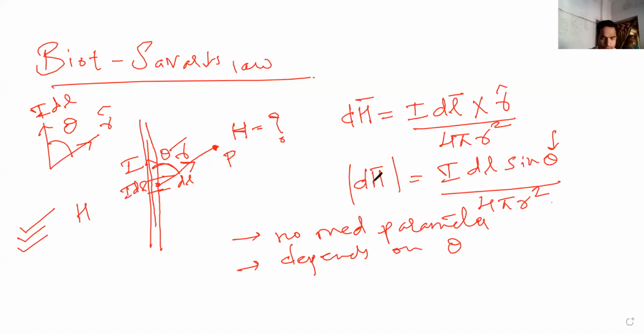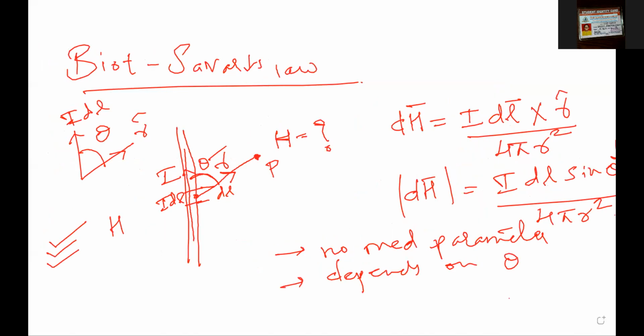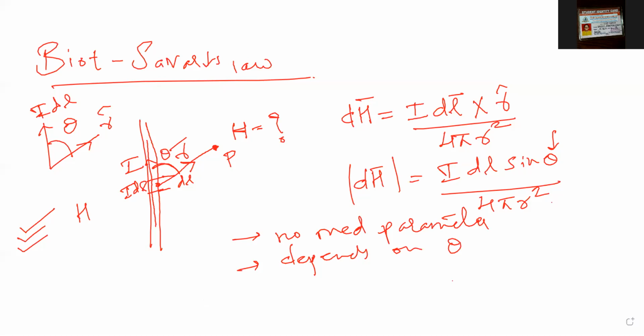Now we have already defined in the previous lecture, I just introduced you the material. So B bar is what? Mu into H bar, right?